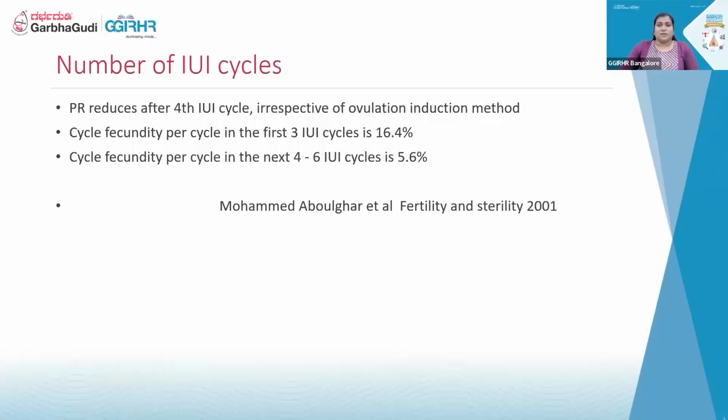So we usually recommend 3 cycles of IUI, but if the patient is a good candidate, you can recommend a 4th cycle also. Irrespective of whatever protocol you have used, if the patient has not succeeded in the first 3 cycles, the cycle fecundity for the next 4 to 6 IUI cycles will be just 5.6%, which is much, much lower than natural intercourse also.